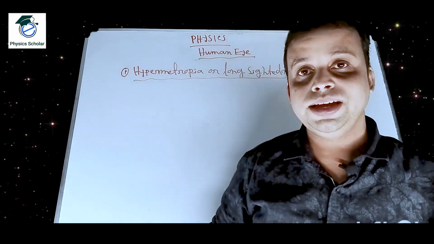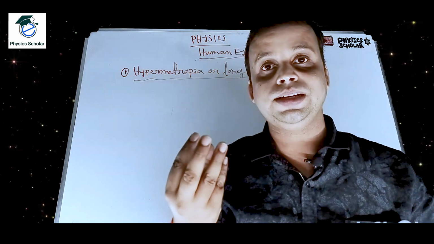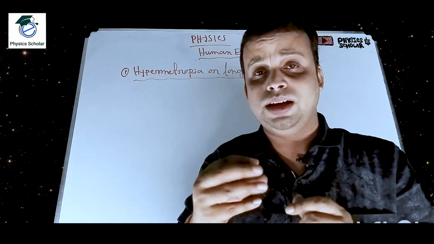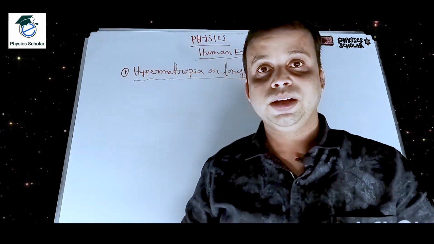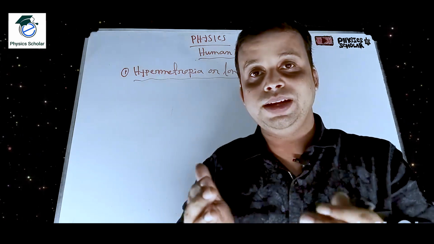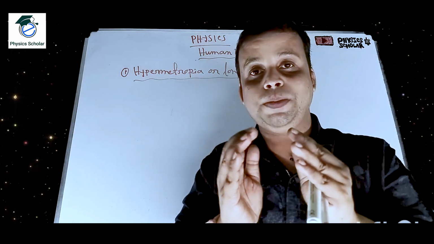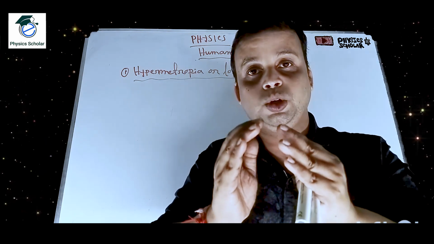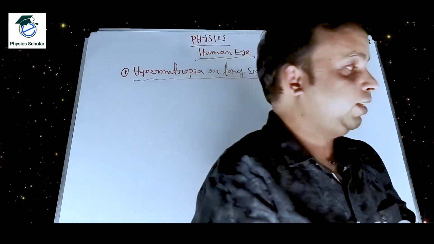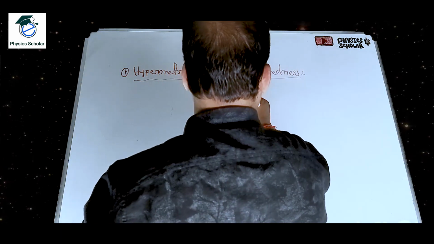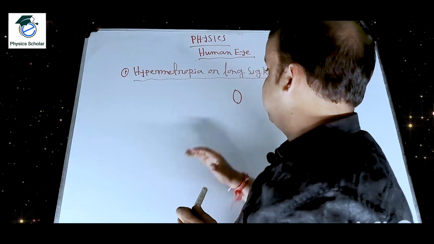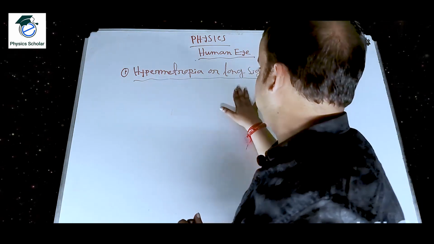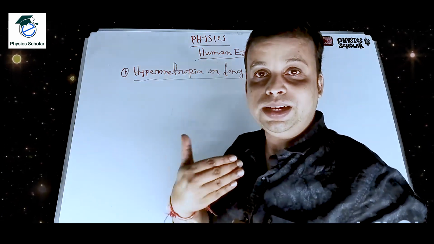Why does this happen? The ciliary muscles lose their expansion or contraction capability, or elasticity. When the object is nearby, the aperture of the convex lens should be more, that means it should become thicker, but the one doing this change is the ciliary muscle, and it will not perform properly. So the lens will not become thicker for the nearby object.